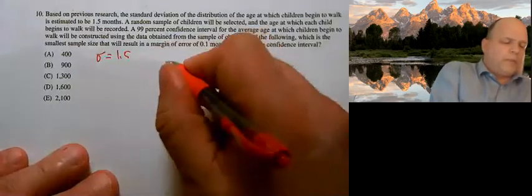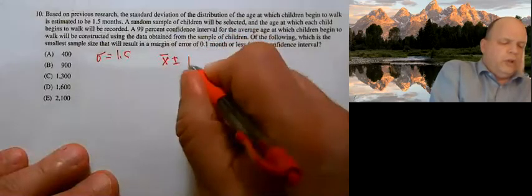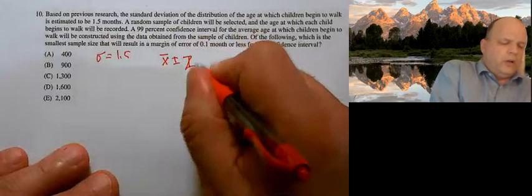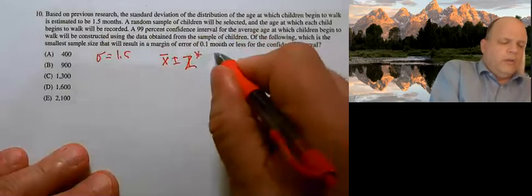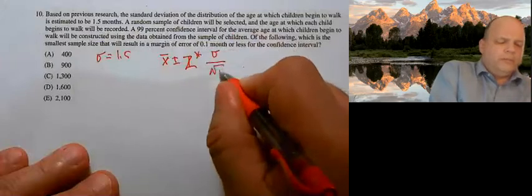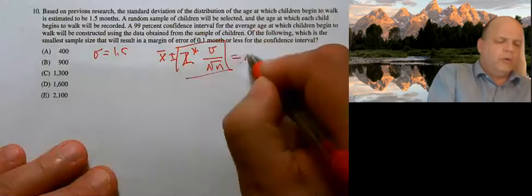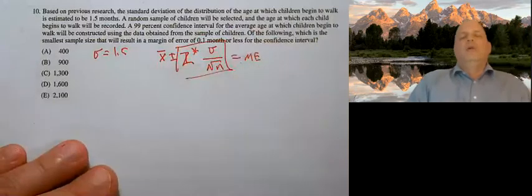So here we go. X bar plus or minus Z star times the standard deviation divided by the square root of n. Well, this part right here equals the margin of error.